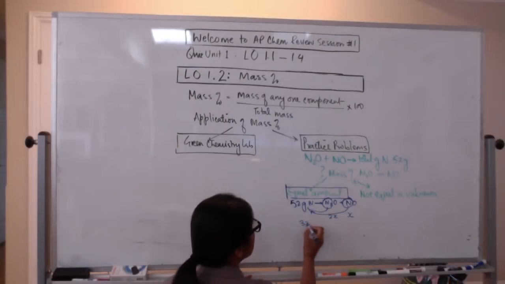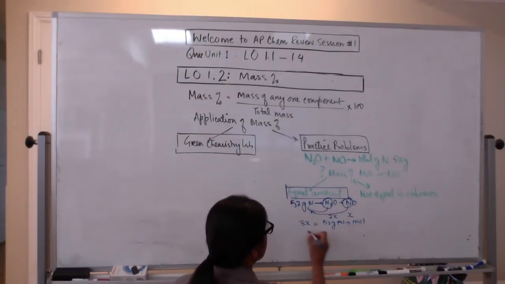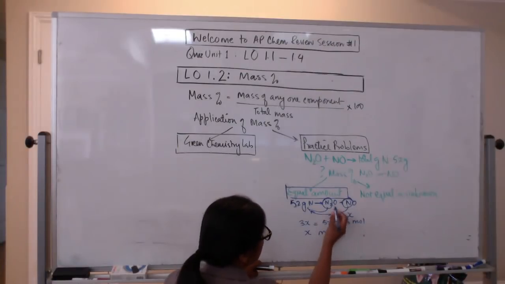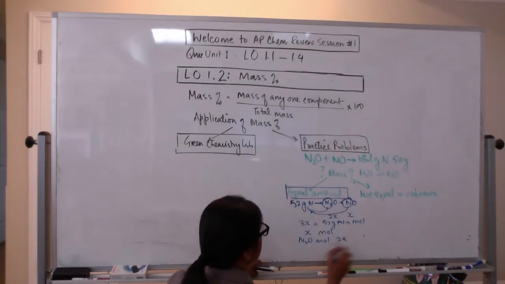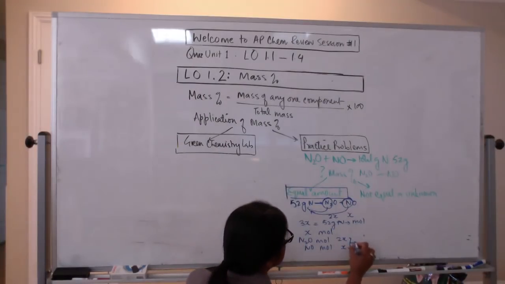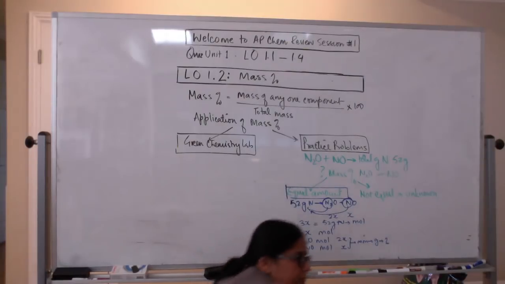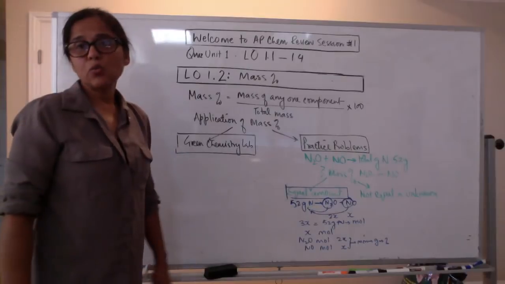You can do 3X and convert the 52 grams of N to moles and get X moles, and N2O's moles will be 2X and NO's moles will be X. Then, using molar mass, you get grams and then you get mass percent. This is one way of doing it when the amounts are equal.